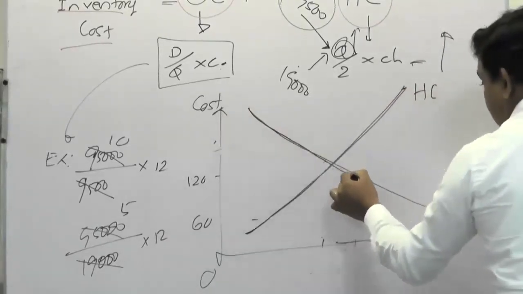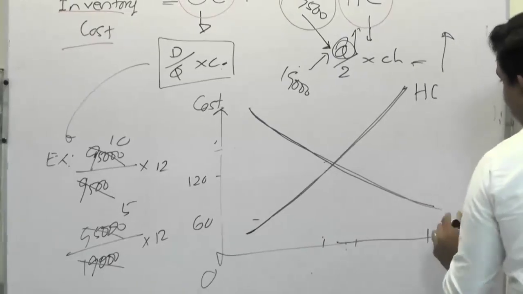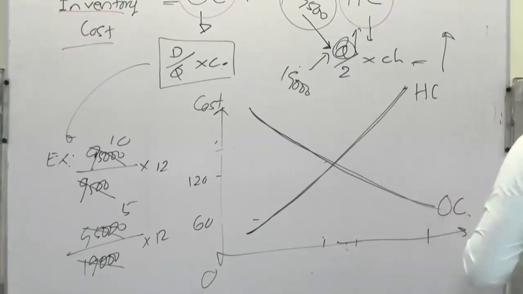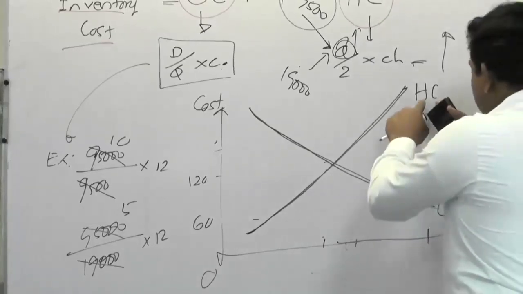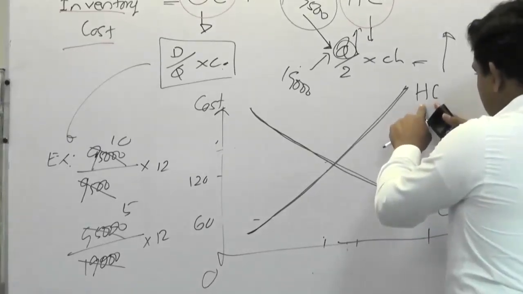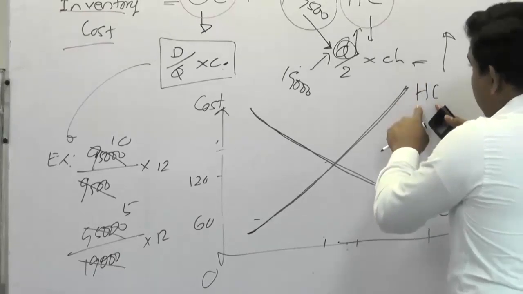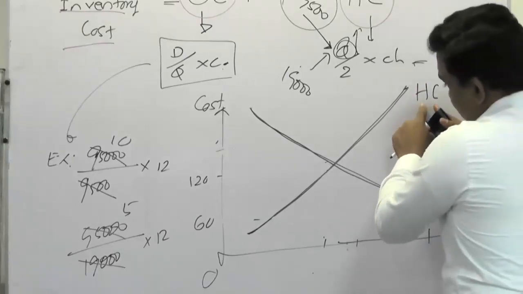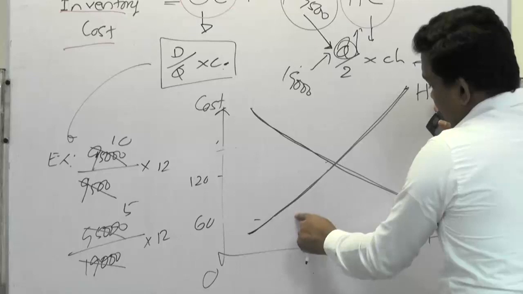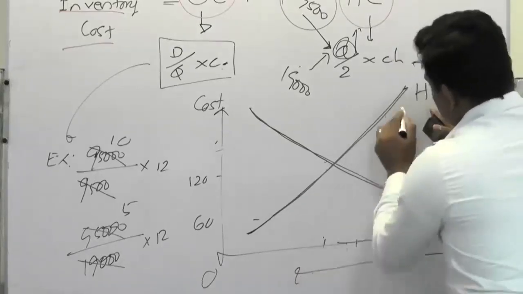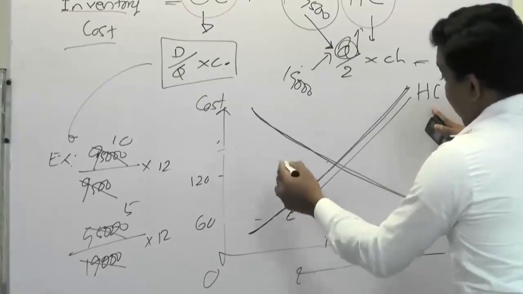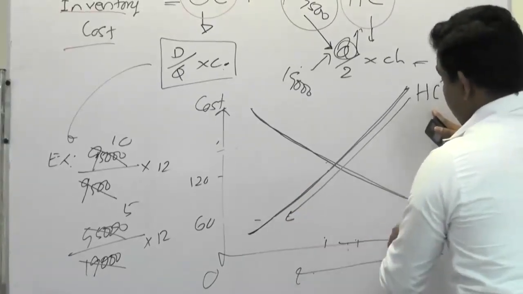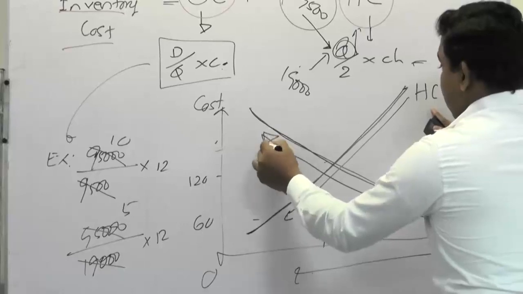Ordering cost decreases according to the quantity you order. Right. Therefore, to reduce holding cost, you need to reduce the quantity. When you reduce the quantity, holding cost will reduce. See. But when you reduce the quantity, ordering cost will increase.